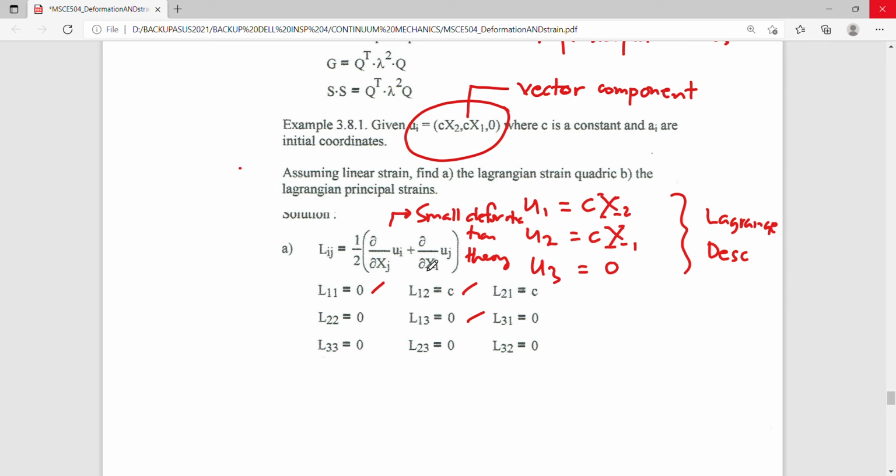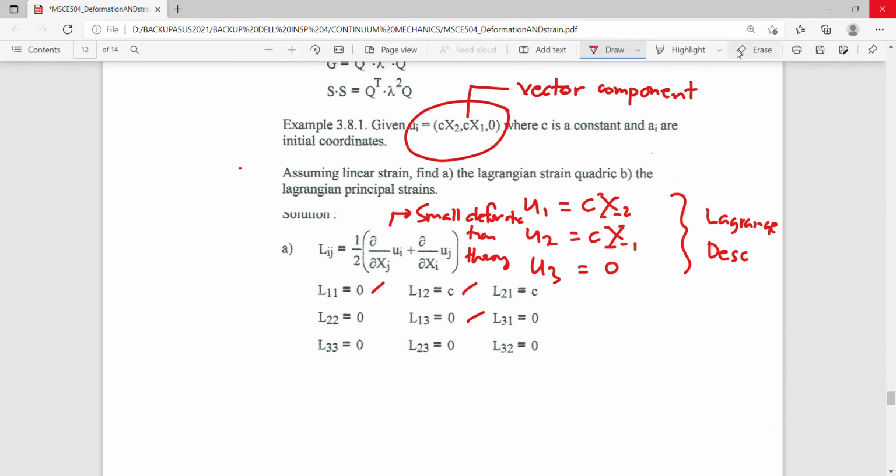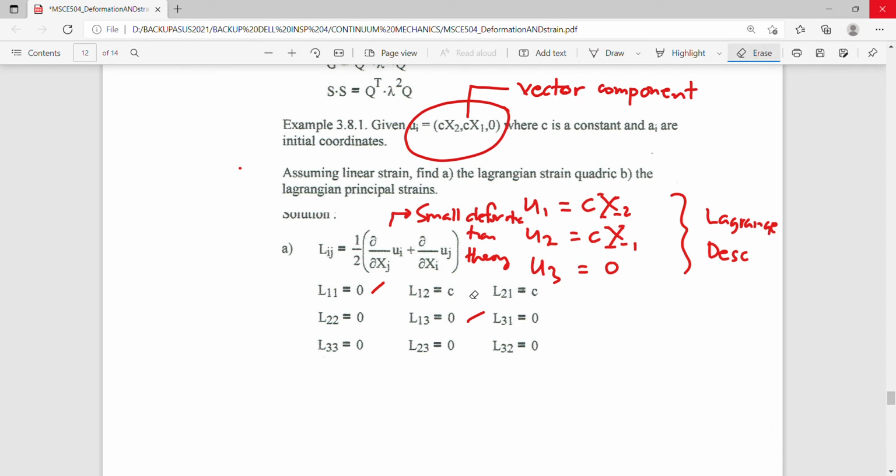If you change the partial derivative here, this is 1/2 plus 1/2. That's why it became a c here. Okay, let me write it so that we won't be confused.